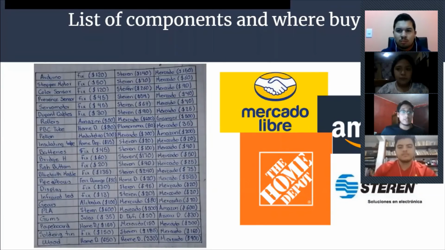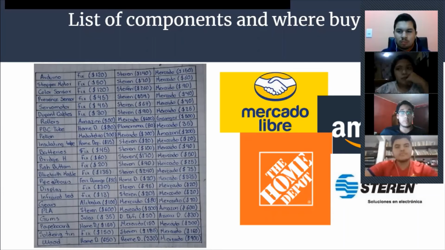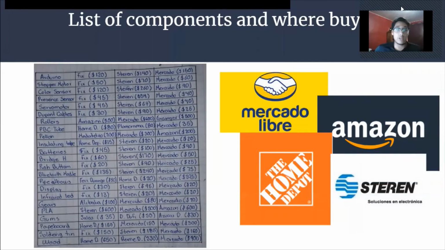Below, we can see the table with all the devices that we are going to use in our integrative project. To the right of each product, we can see the price and where you can get each thing in different branches, observing that in some places it is cheaper than in others.